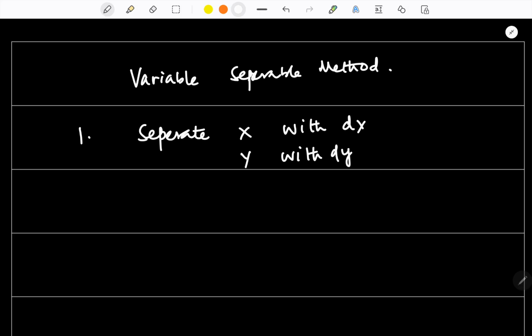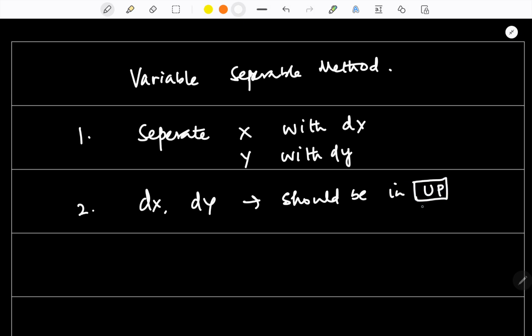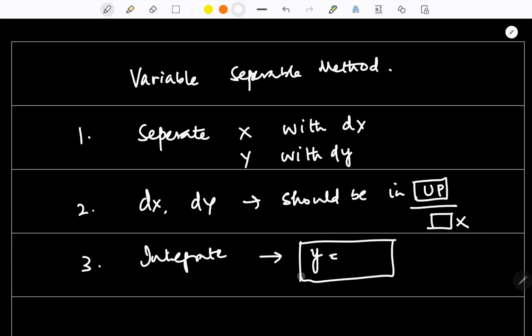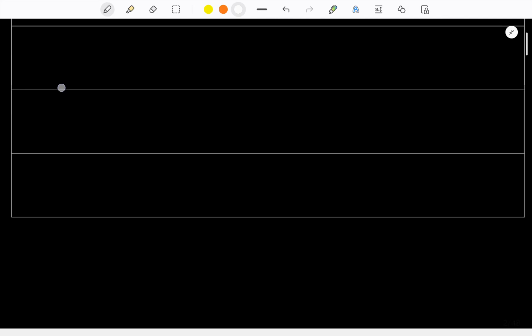Step 2: dx and dy should be in the numerator, meaning up, not down. Step 3: integrate, and the final answer should be y is equal to. Keep in mind all these three points: separate x with dx and y with dy, keep dx and dy in the numerator, then integrate and get the answer y is equal to.